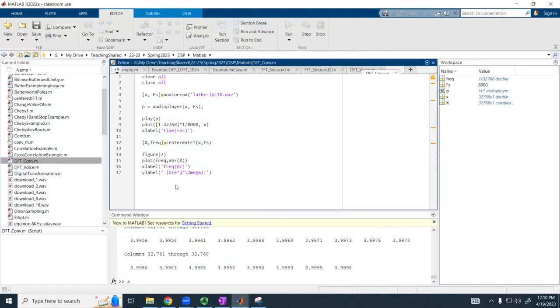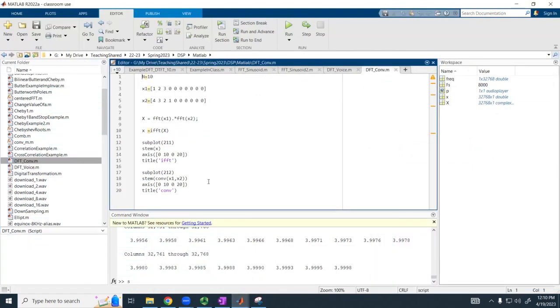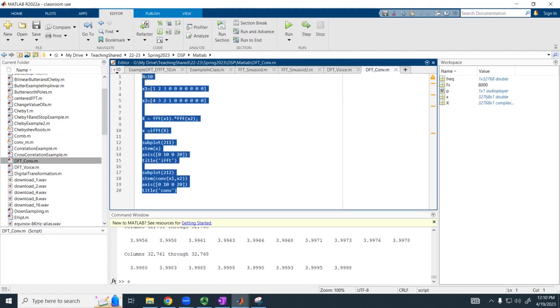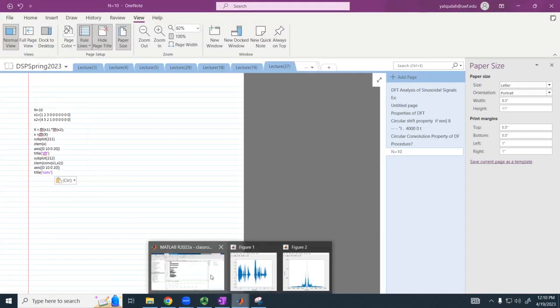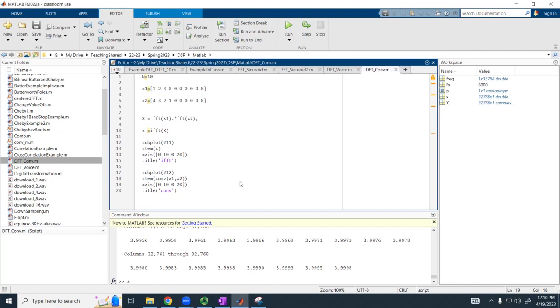And this is the example that we're going to see. So if you look at the code here, I have two signals, x1 and x2. I padded them with zeros. I'm going to calculate the convolution of x1, x2 in one graph.